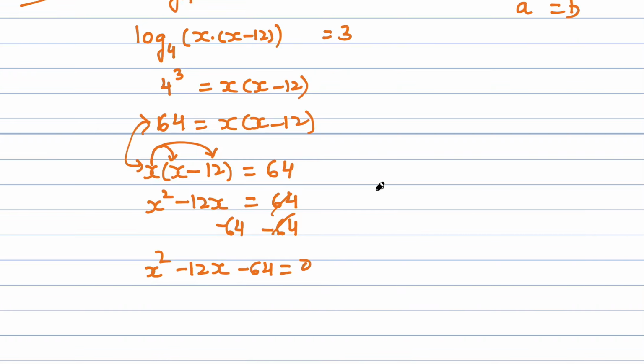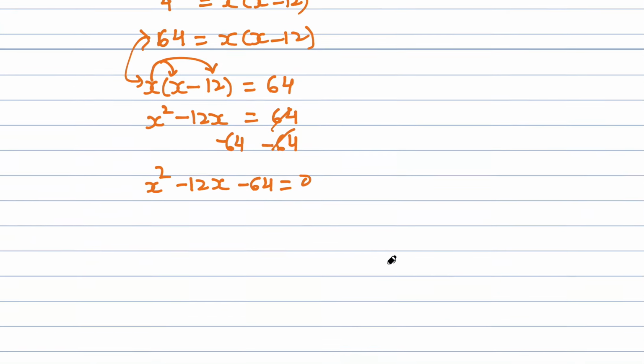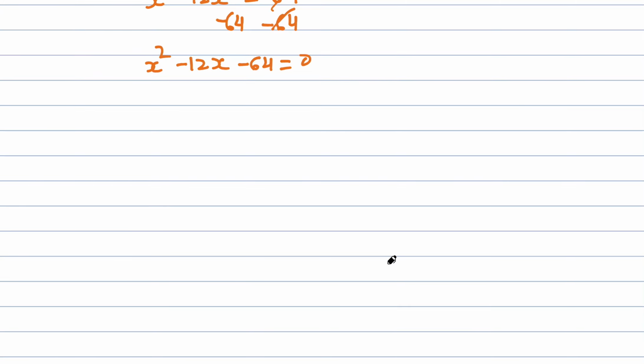This is cancelled. Now because this is a quadratic equation and we have to find two factors of it, we are going to apply the AC method. See, whatever you have learned before is going to be useful here. So this b value comes here, and this negative 64, the constant one, that comes here. Now you have to find two values which give negative 64 when we multiply or negative 12 when we add or subtract.